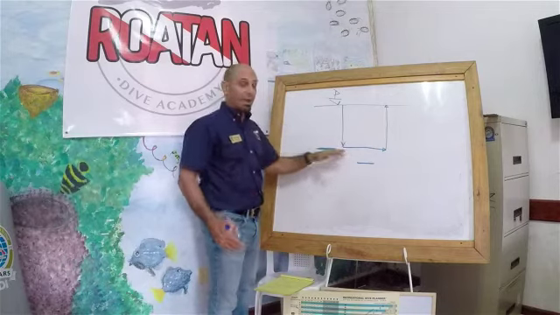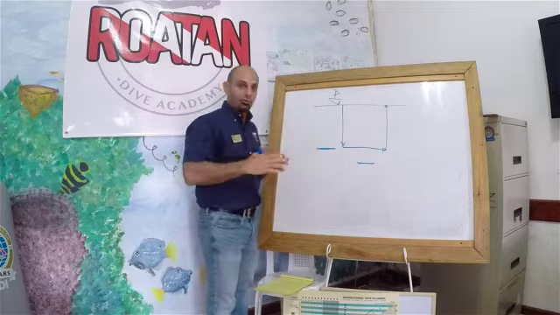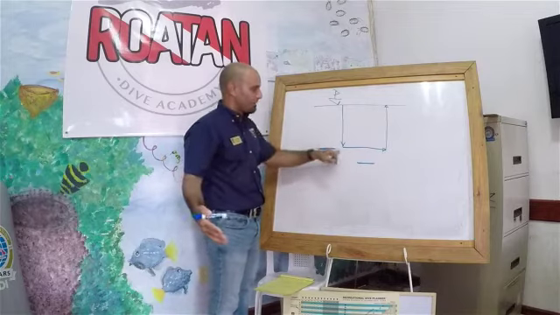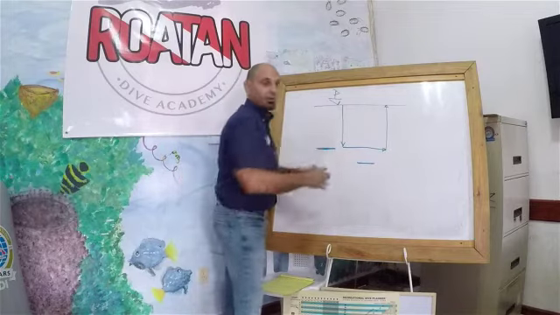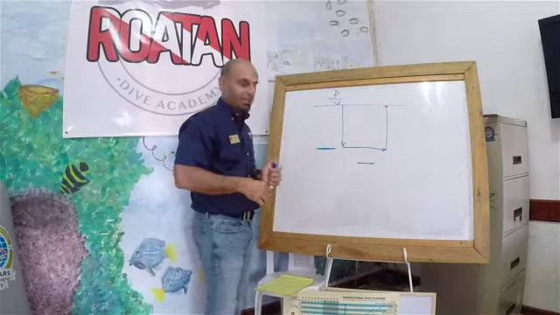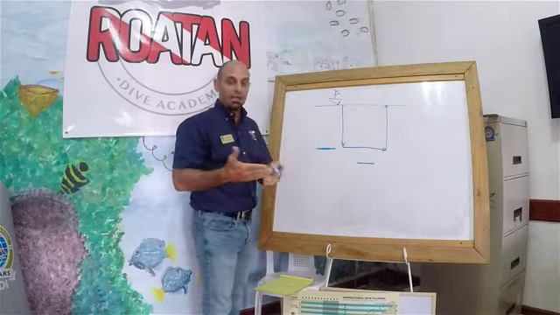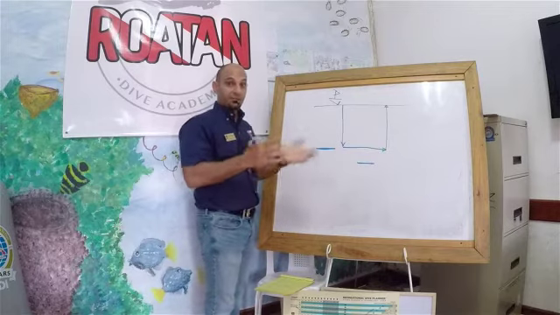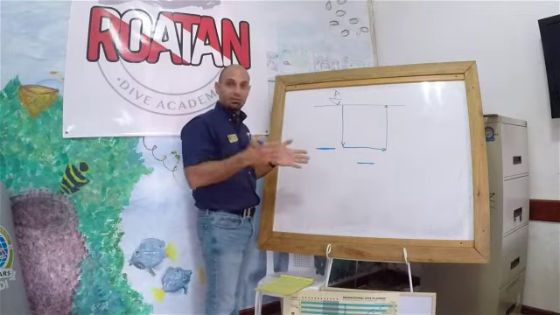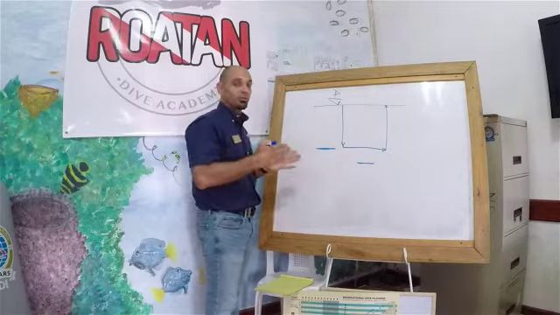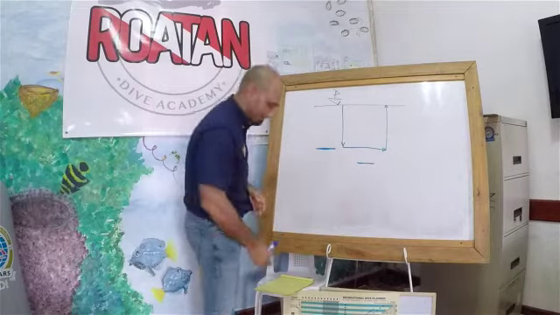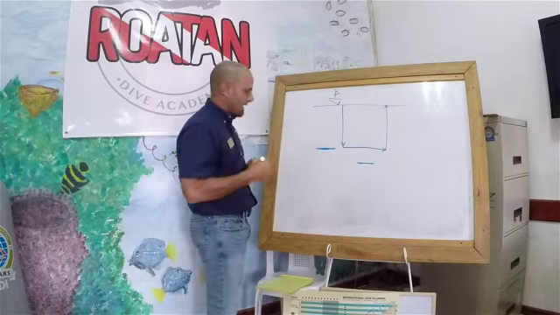But we're going to plan as if we were going to go to the maximum depth that we're planning, and as if we're going to stay as long as we are planning. To be conservative, we know we're not going to get close to the limits. We're going to stay in a safer position, being shallower than the maximum depth planned and shorter than the time planned.